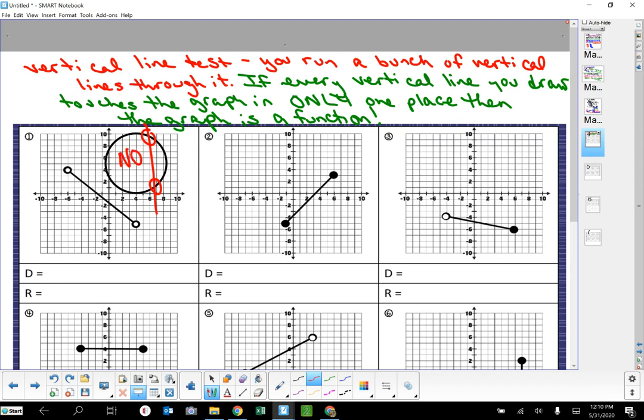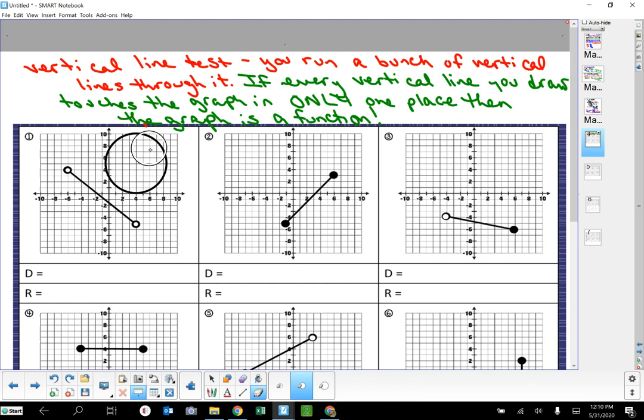So no, a circle would not be a function either. Okay, so that's your vertical line test. You, the person doing the test, runs a bunch of lines through there, and if it hits the graph more than once, it's not a function. I never know if I should word that in the positive or the negative when I do that. So, all right, let's get rid of this.